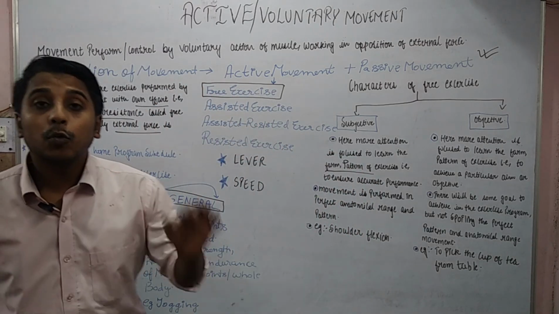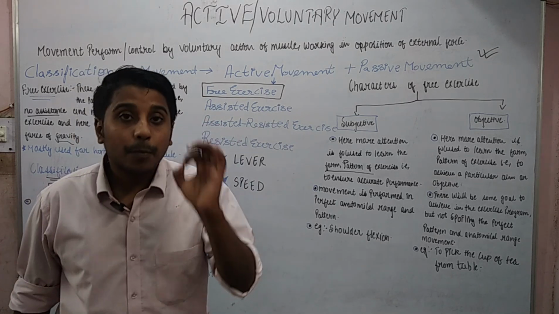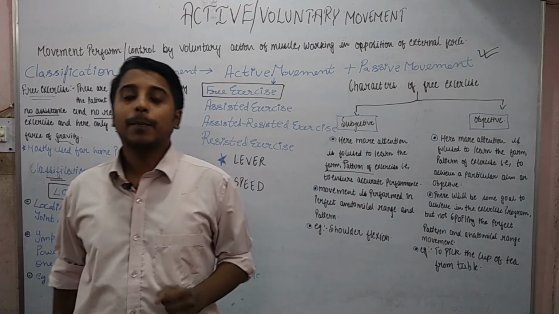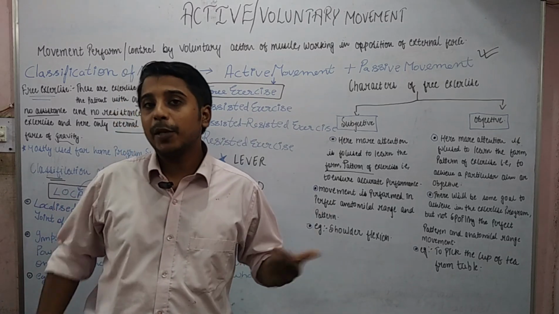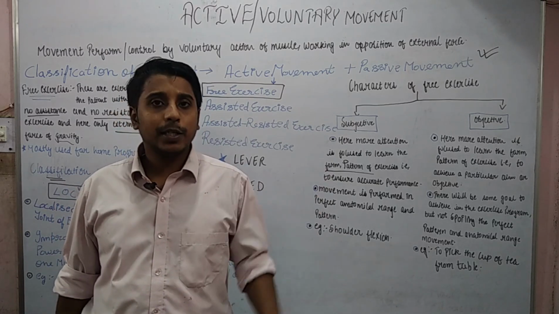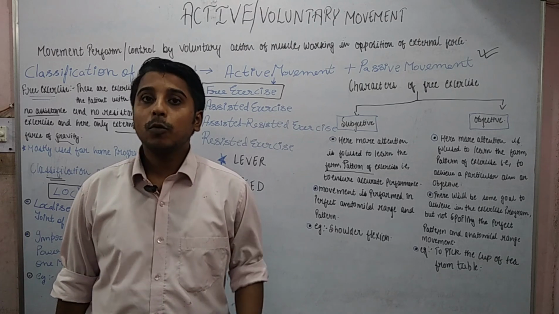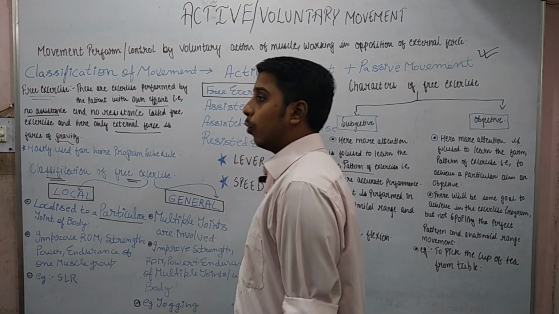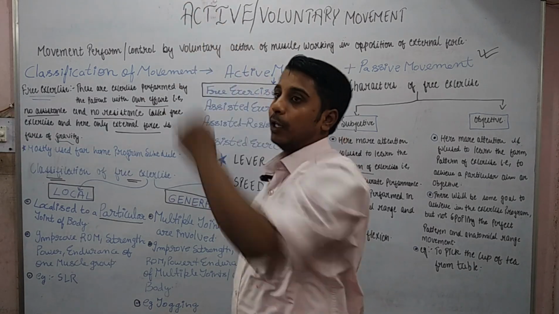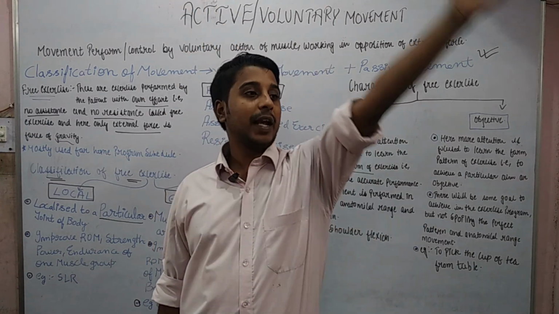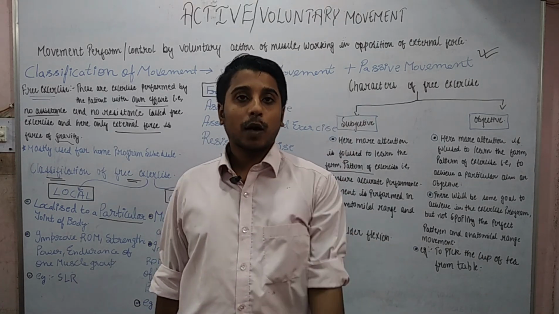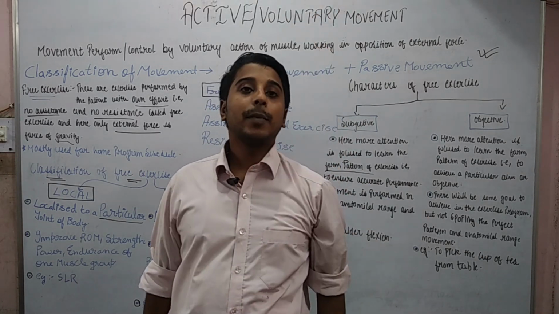You focus to learn the proper pattern of the exercise. For example, you are dealing with a patient of any kind of shoulder injury, and you are training him to do the free exercise shoulder flexion. You will ask him to do shoulder flexion accurately. You would not allow him to do flexion like this, like this. You will focus on the anatomical movement.